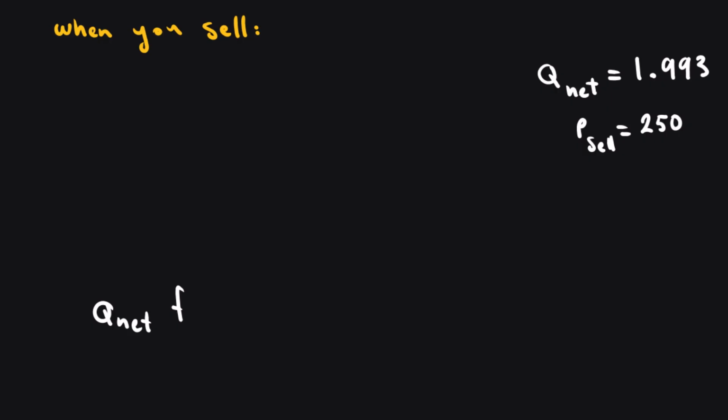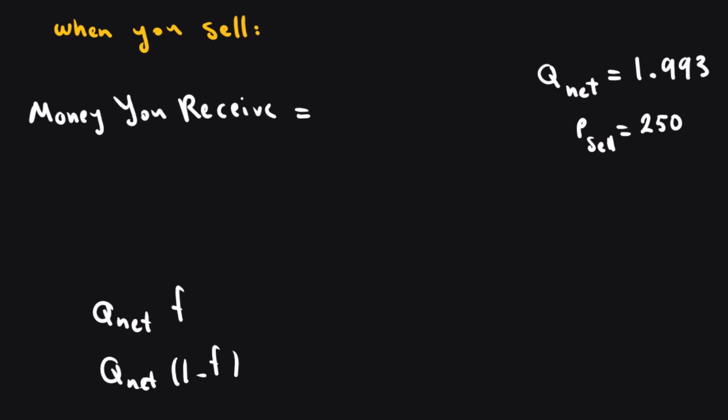So what you can actually sell is Q net times 1 minus F. So when you want to sell this asset, the money you receive is Q net times 1 minus F times the price at which you want to sell, P sell. The amount you can actually sell is this amount because they take a fee out of it. So this is the money you receive.